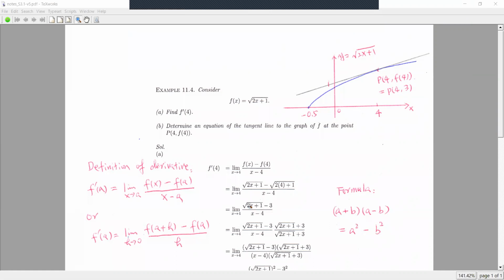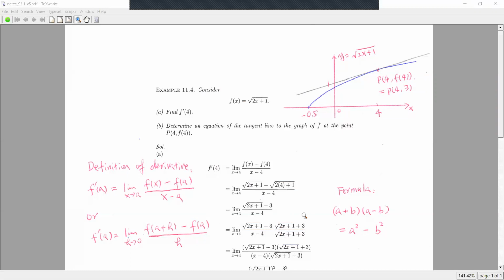Now, consider the numerator as a minus b. Multiply the numerator by a plus b. Then multiply the denominator by the same thing, a plus b. This fraction is equal to 1. This guy divided by itself is 1.